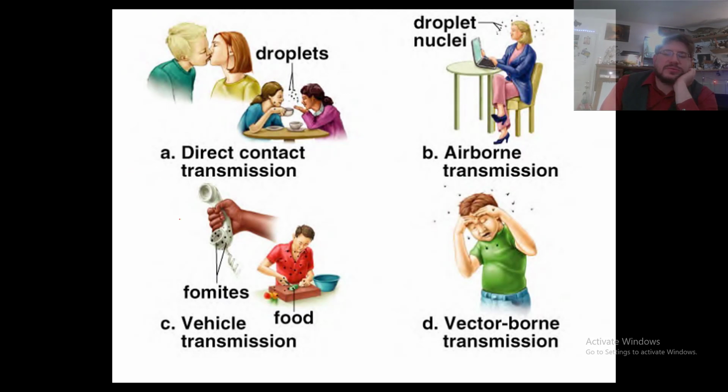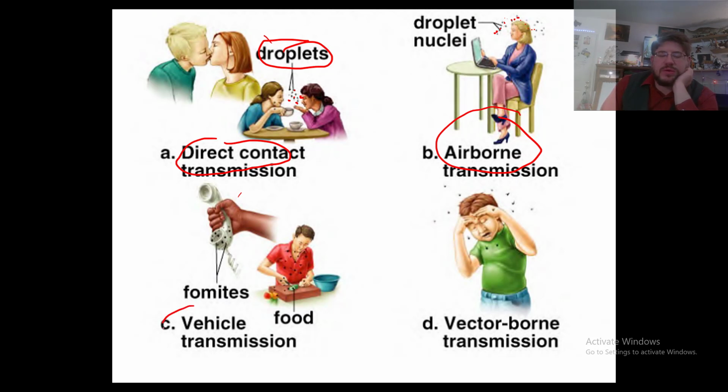So, droplets. Here are some nice little pictures. We have droplets being transmitted between people, and that's direct contact. Then airborne, where the droplets are inside dust, so they're able to travel on the air.